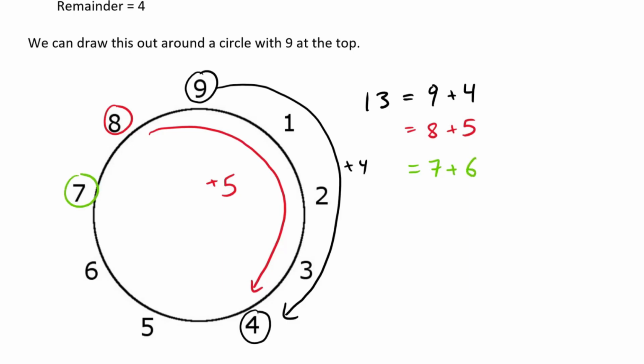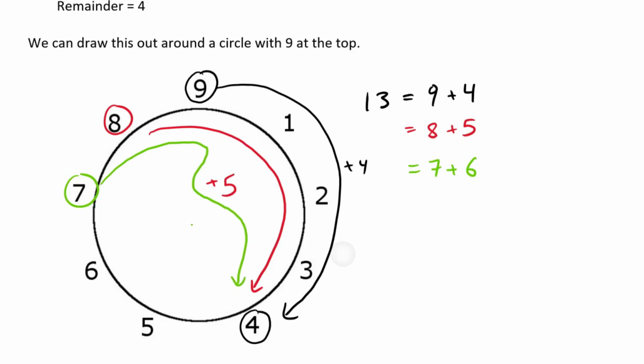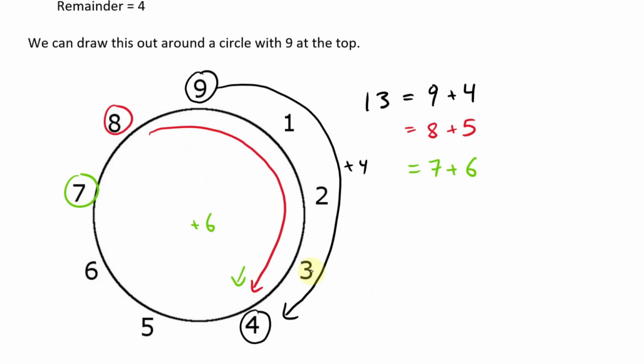From the 7, we go plus 2 across here, then plus 4 from the 9, so this is plus 6. Either one works.